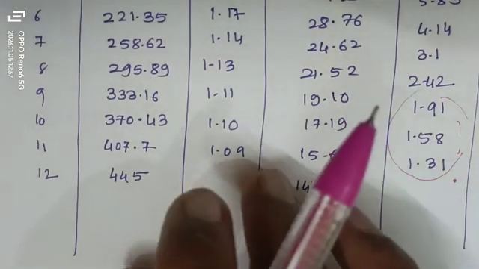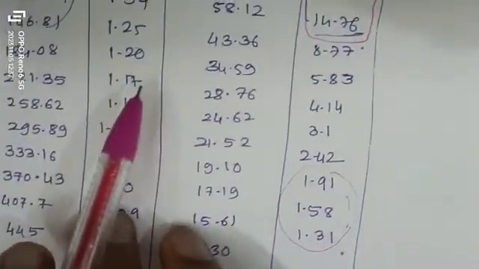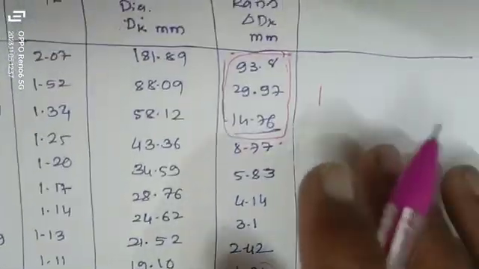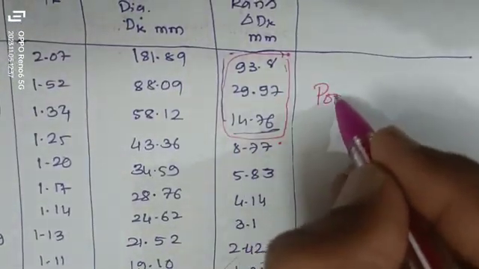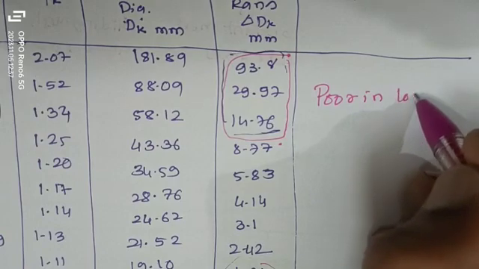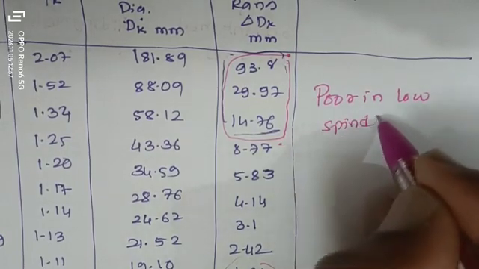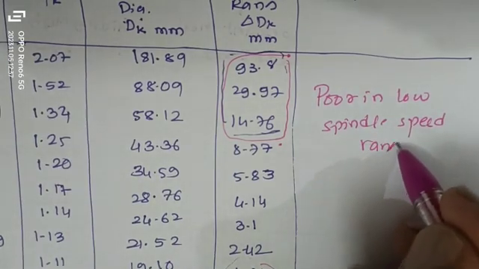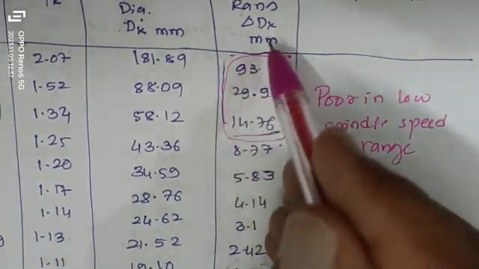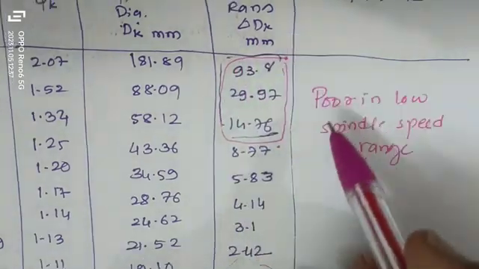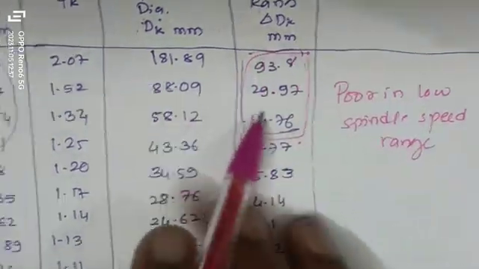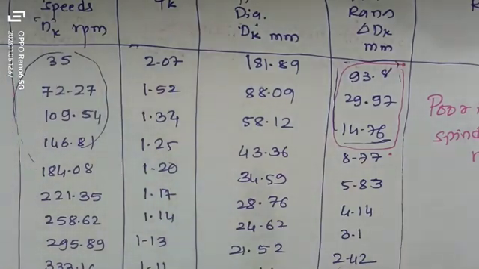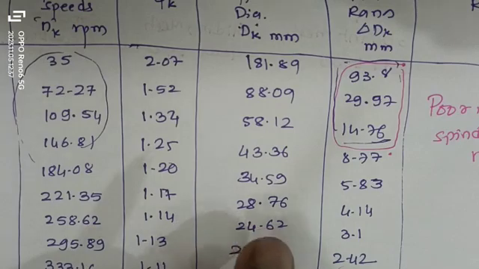So the conclusion is that the performance of this arithmetic progression is poor in the low spindle speed range, because there is a very wide range in the low spindle speed. So what would be the advantage of this arithmetic progression?